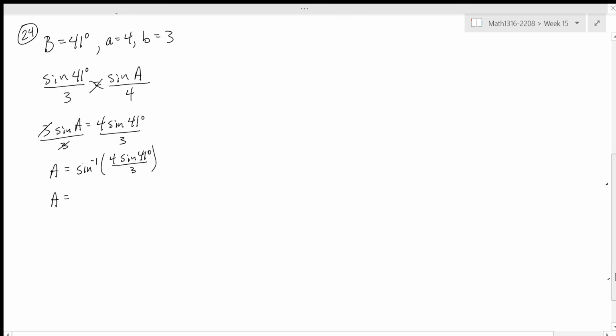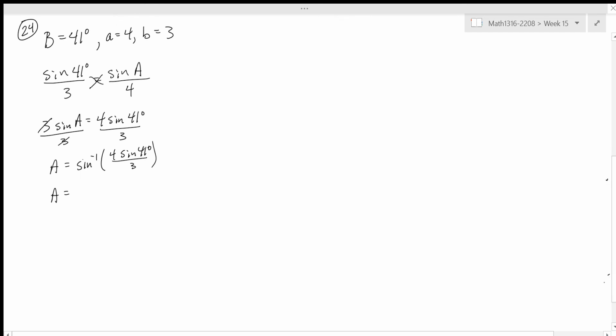Inverse sine of whatever that is. Anybody get an answer? What is it? 61? 61. And is that rounded to the nearest tenth?